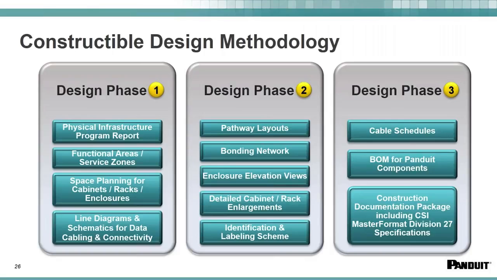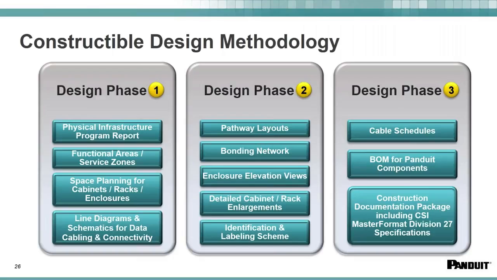So we will do this in three phases. The first phase is just the planning. It's identifying the requirements, setting up the different functional areas, and doing the high-level space planning and connectivity.